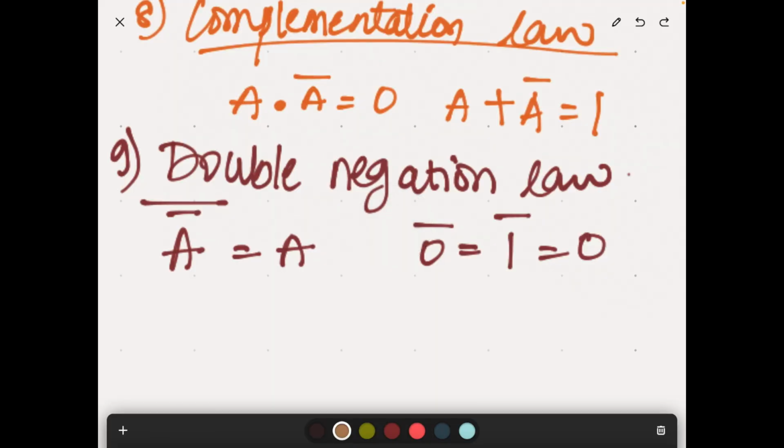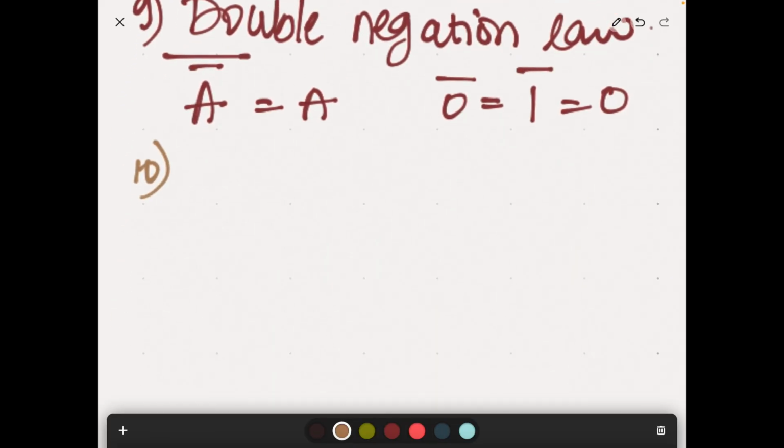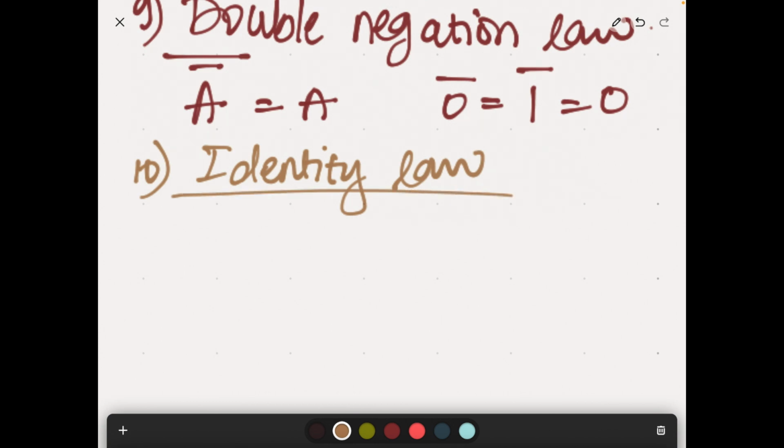Let's get started. We move on to the 10th law in Boolean algebra, and that is going to be the identity law. When we talk about identity law, if you AND A with 1, the entire answer is going to depend upon the value of A. If the value of A is 0, then the answer would be 0.